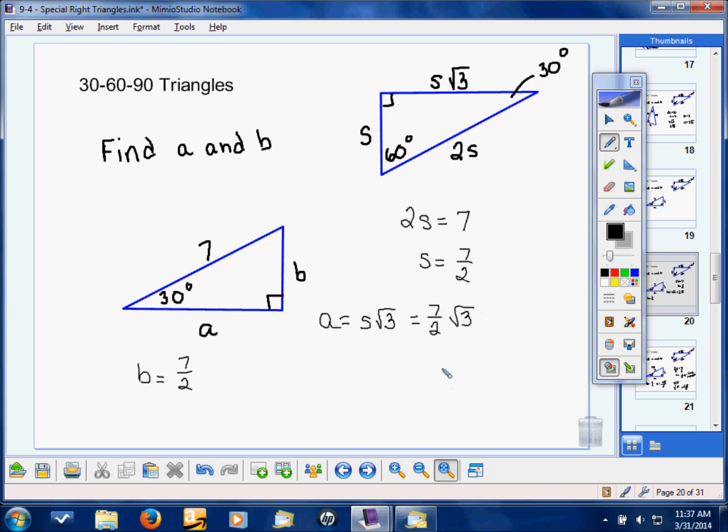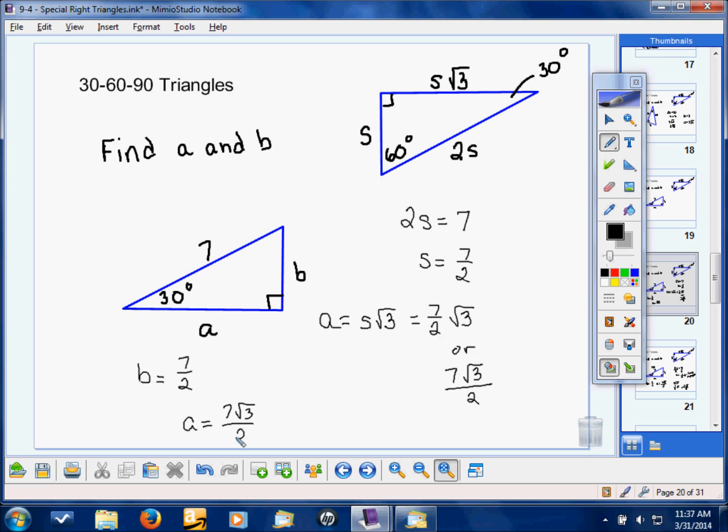There's nothing that cancels out here. You can either write it like this, or another very common way that I think you'll see a little bit more often would be 7 square root of 3 over 2. You'll see this more often. I wouldn't take off for either one of these answers, but it's just a little bit more common to see it this way.